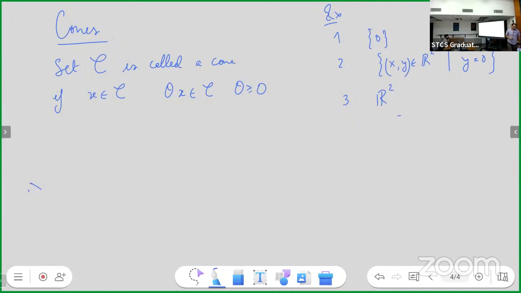See, now a line is extended to infinity. You can take two lines y equals m1 x, y equals m2 x, such that y greater than or equal to 0. Take the convex combination of this.